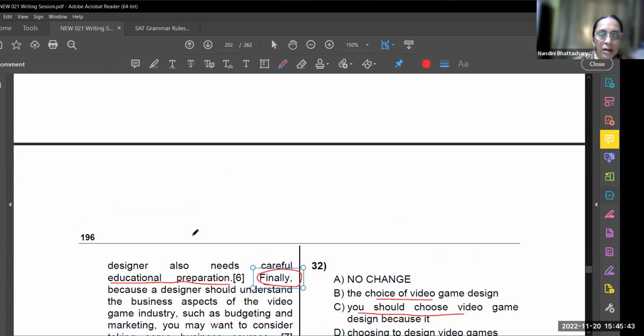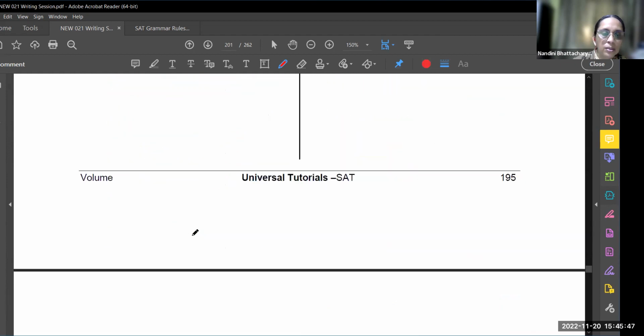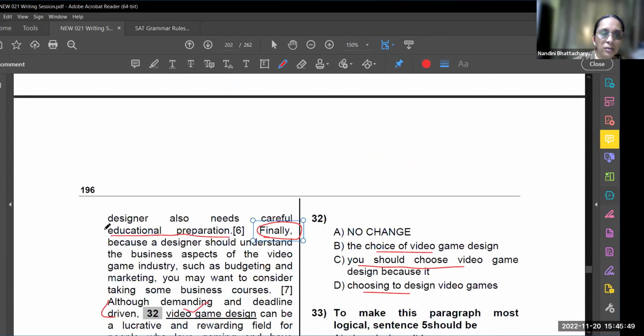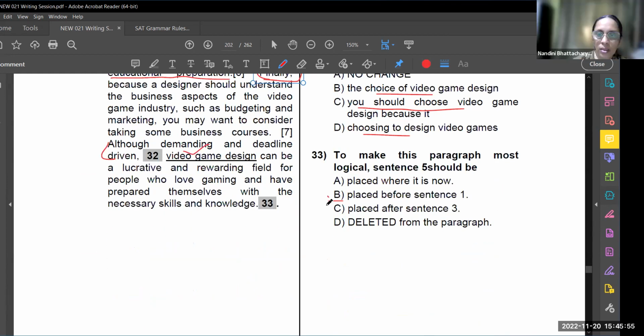So the entire paragraph is actually talking about the different courses. So this could be a topic sentence for introducing the paragraph, right? So you are correct. It should be placed before sentence 1. Okay. So we finished these 33 questions over here.